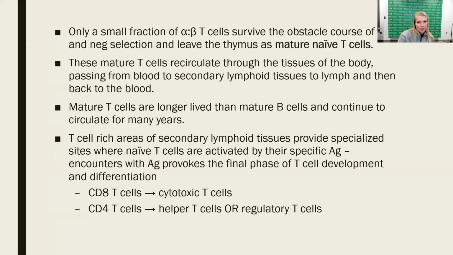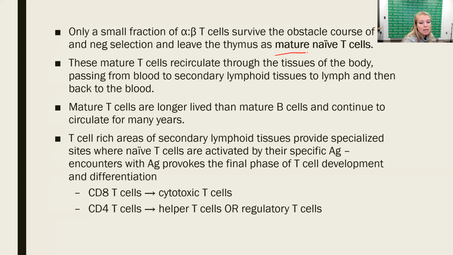We saw that only a few T cells actually make it through full development and training and selection in the thymus. Those that do survive leave the thymus as what we call mature naive T cells.